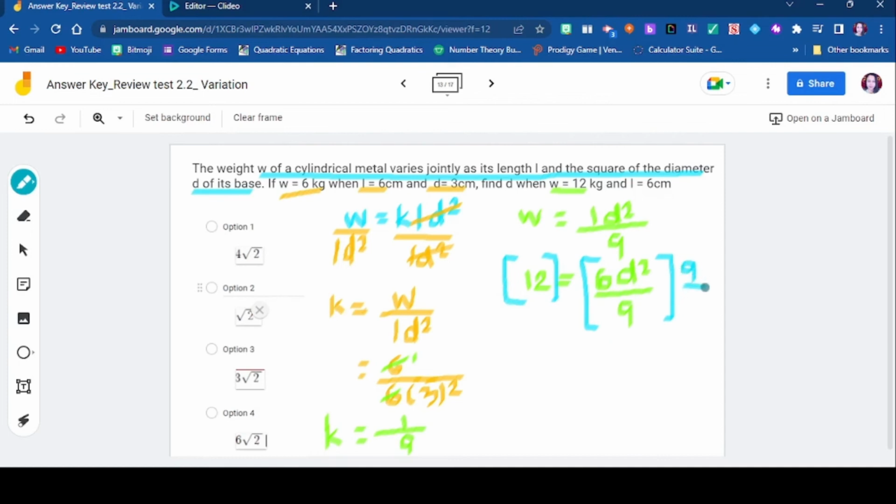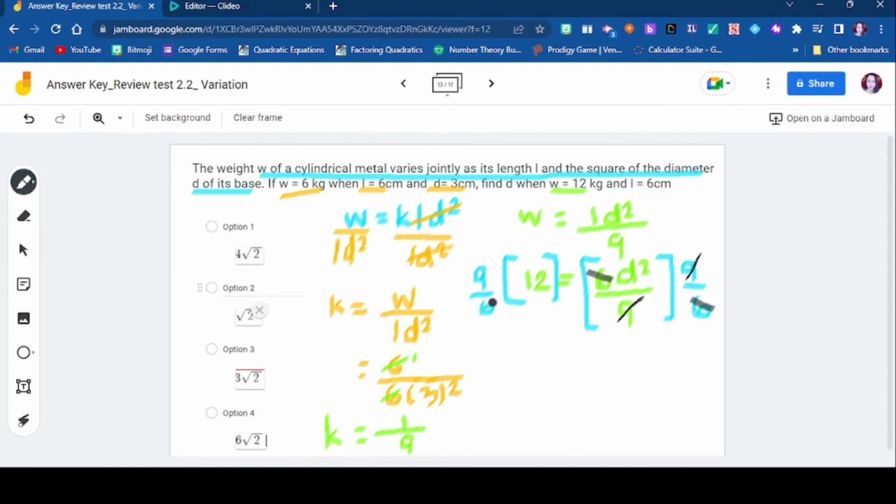So why are we going to multiply with the reciprocal? Because our target is to get rid of this number beside D, because this is what we are looking for. So therefore, multiply both sides by 9 over 6. So what do we have here? We can cancel now. So cancel 6, cancel 6, cancel also 9, cancel 9.